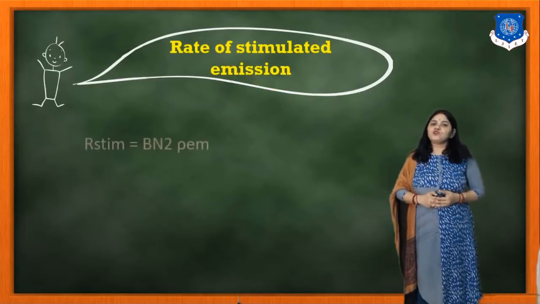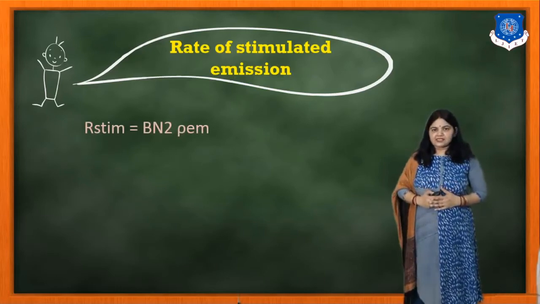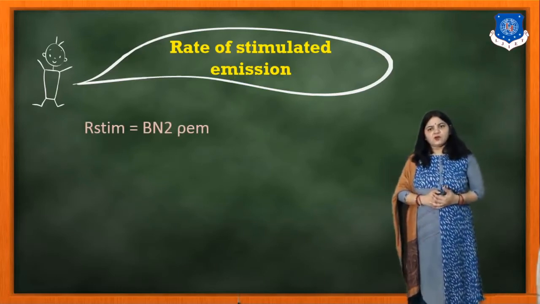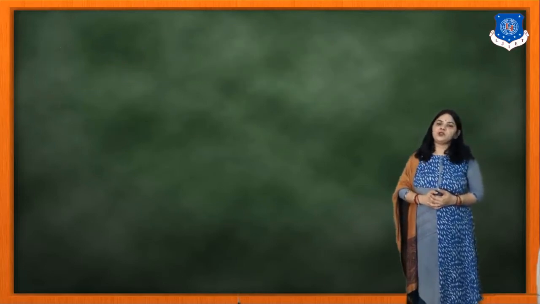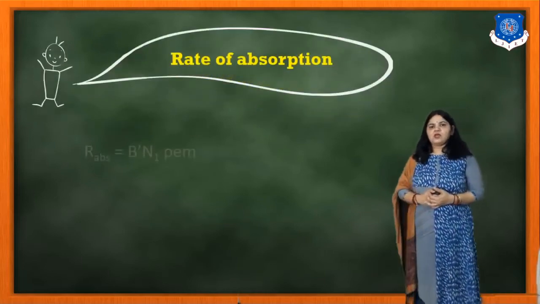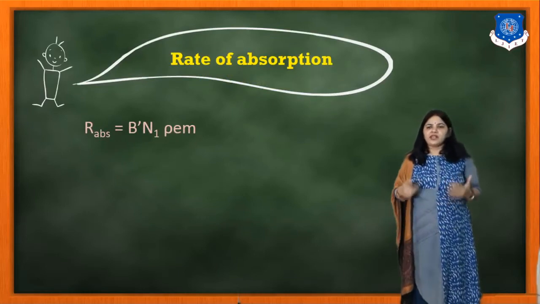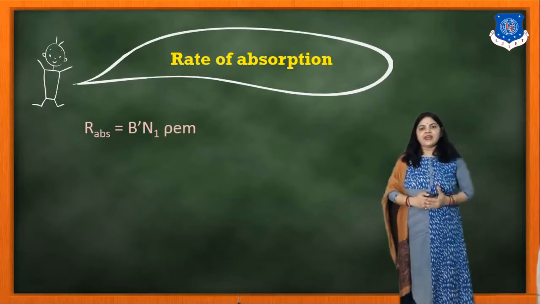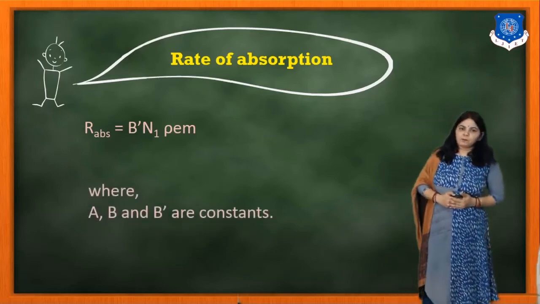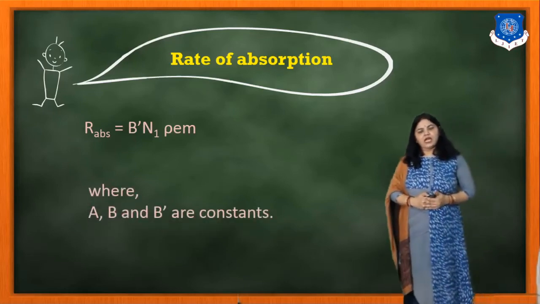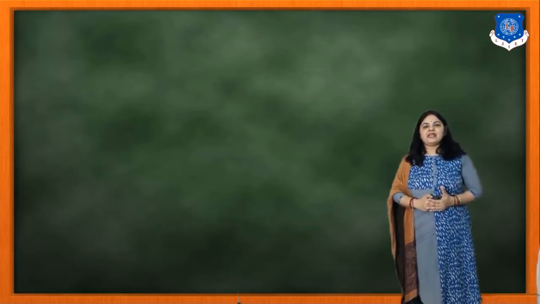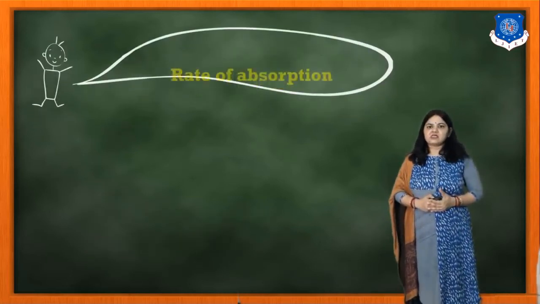The rate of stimulated emission is R_stim equal to B into N2 into rho(ν). The rate of absorption is R_abs equal to B dash N1 rho(ν), where A, B and B dash are constants and rho(ν) is the spectral density.